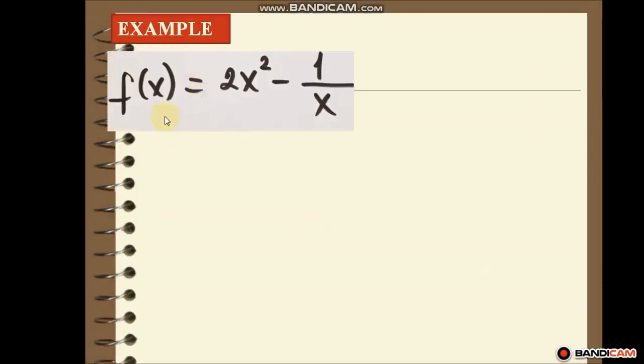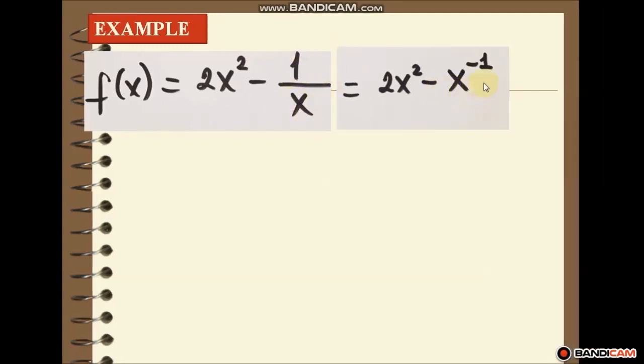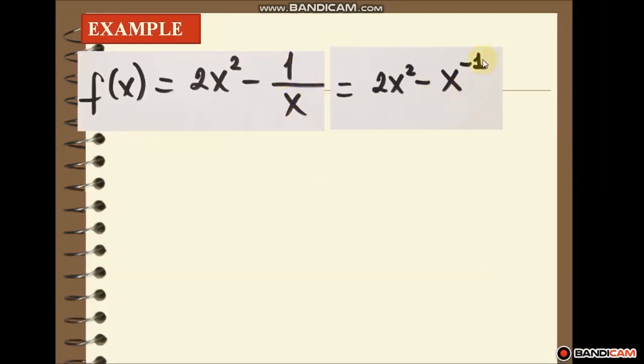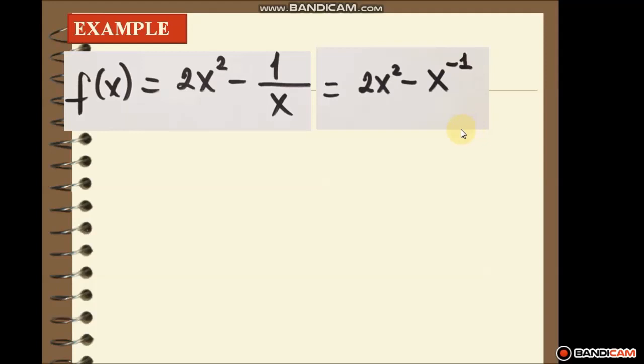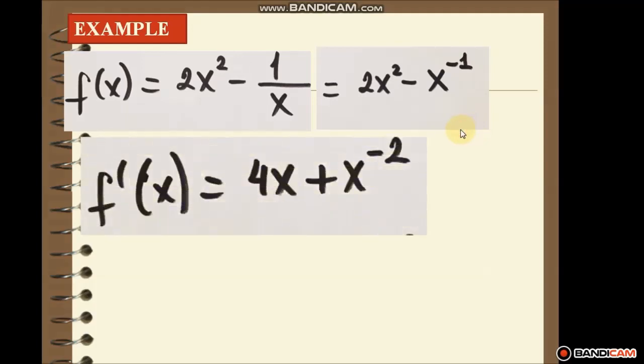Next example, our function is equal to 2x squared minus 1 over x. Let's first simplify this one. It will be 2x squared minus 1 over x, which means x to the power of minus 1. Then we get the first derivative.